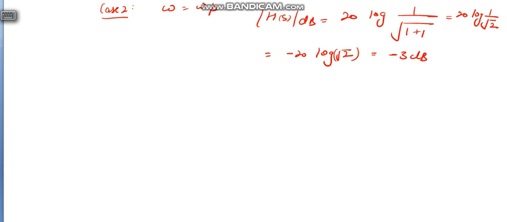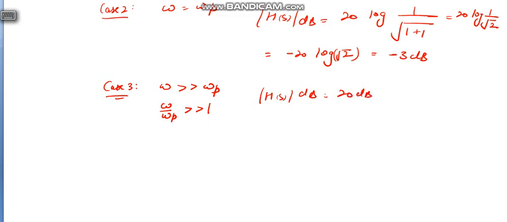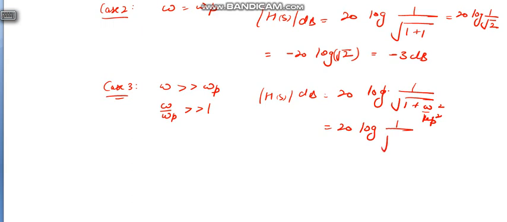Now let's consider case 3, when omega is much greater than omega p, omega upon omega p much greater than 1. So magnitude in dB is again 20 log 1 by square root 1 plus omega upon omega p square.